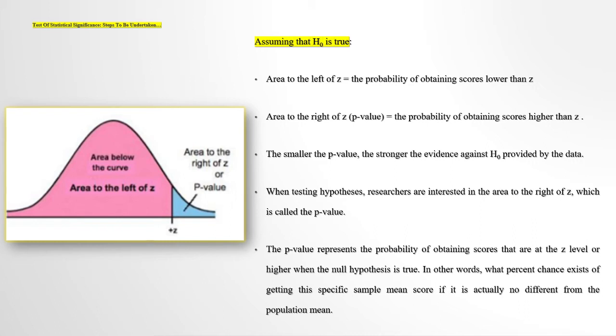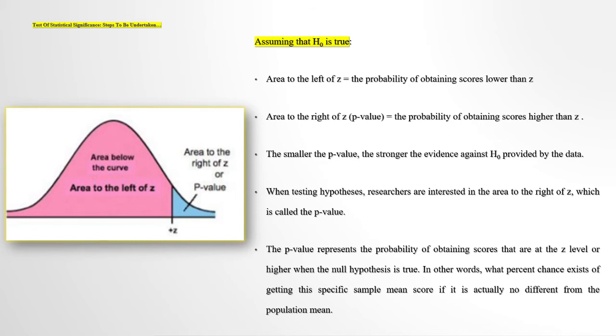The smaller this p-value is, the stronger the evidence against our null hypothesis provided by the data. So when testing hypotheses, researchers are generally interested in the area to the right of Z, which is the p-value. Why? Because this p-value represents the probability of obtaining scores at Z level or higher when the null hypothesis is true.